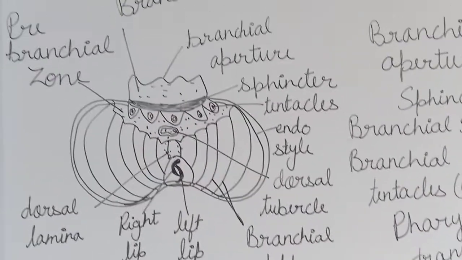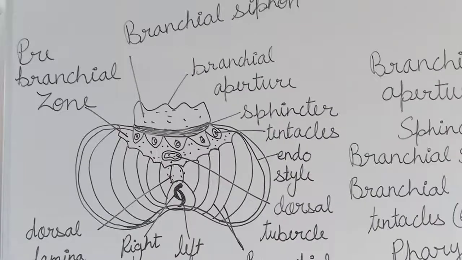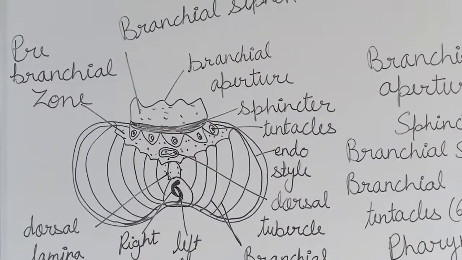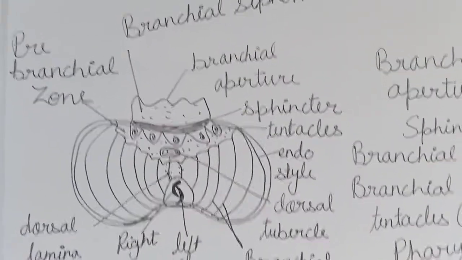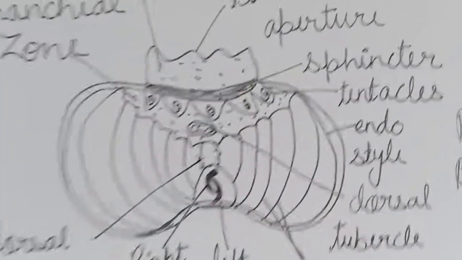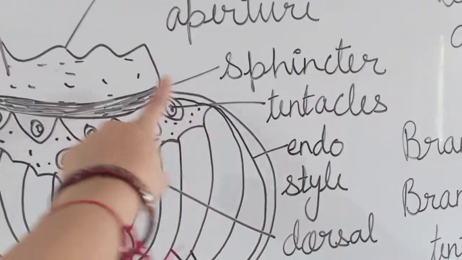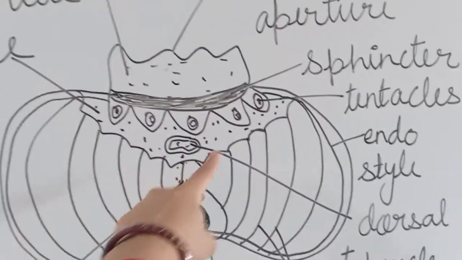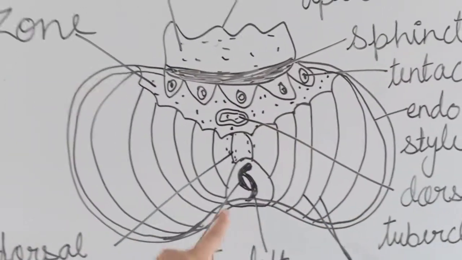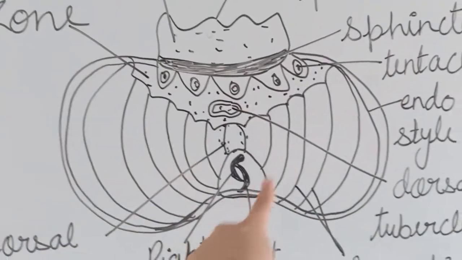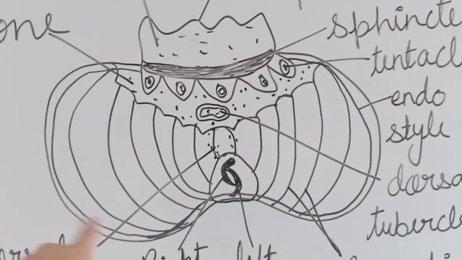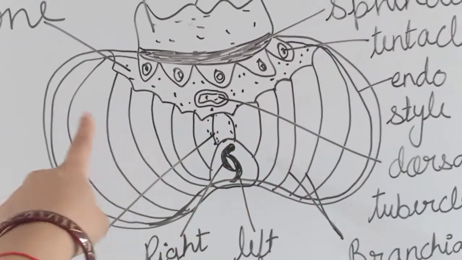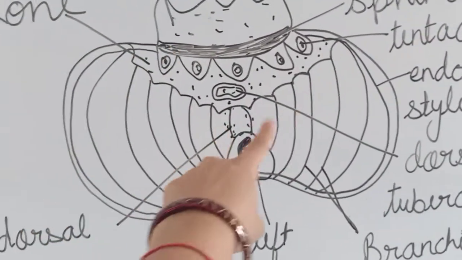lamina. So the upper part of the pharynx is known as the prebranchial zone. While the remaining part is called the branchial sac, and the posterior part is largest while the anterior part is smallest.